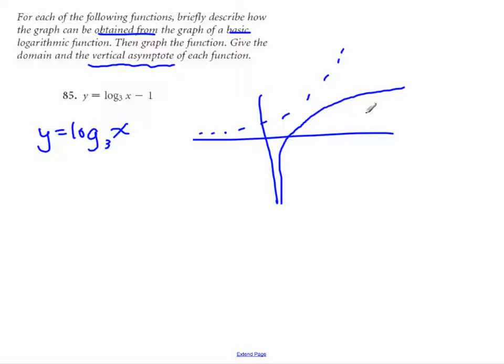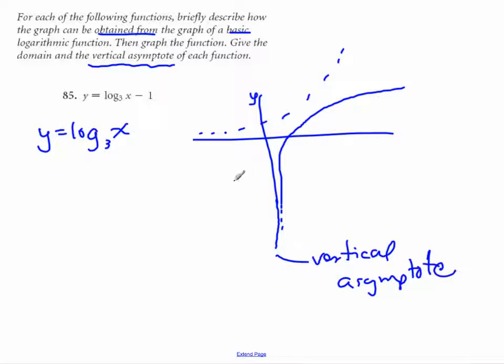So that would be the base one, that dark blue one. Notice that this line here goes down and down. It gets closer and closer to the x-axis, or the y-axis, but never touches it. So the y-axis is called the vertical asymptote. So that is a normal graph.